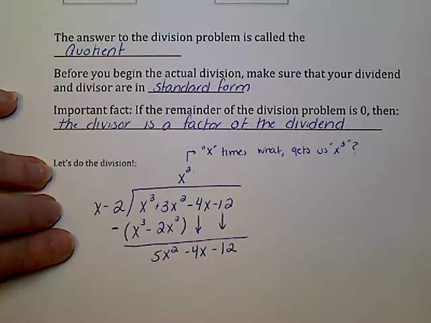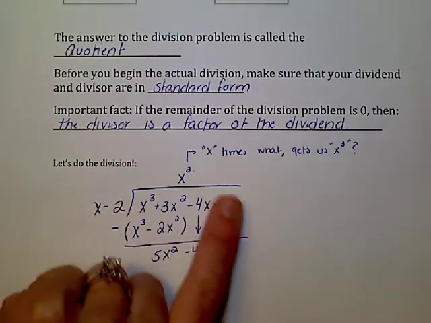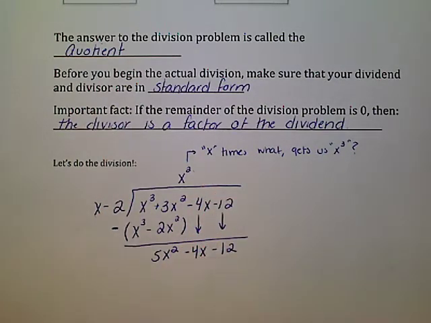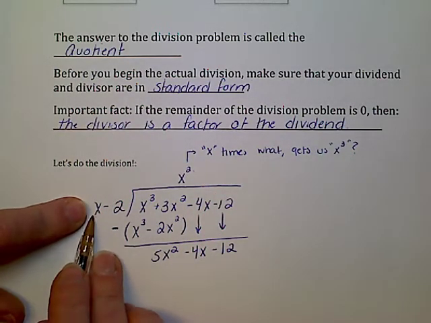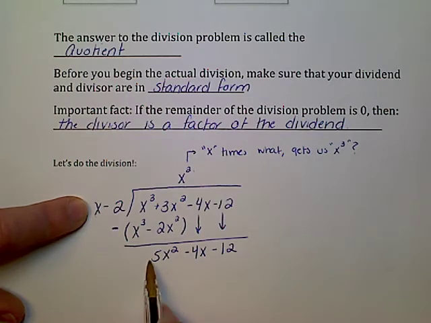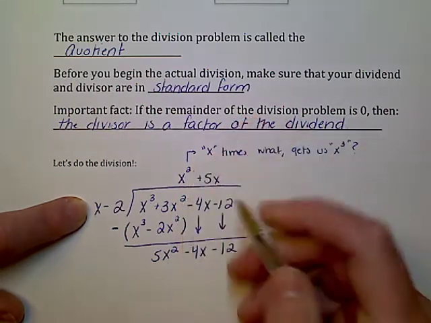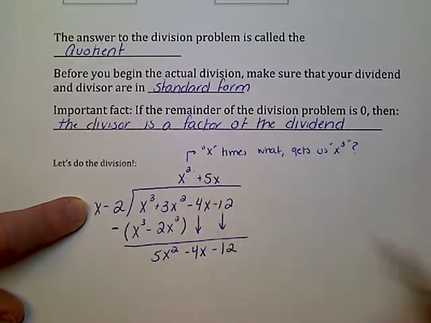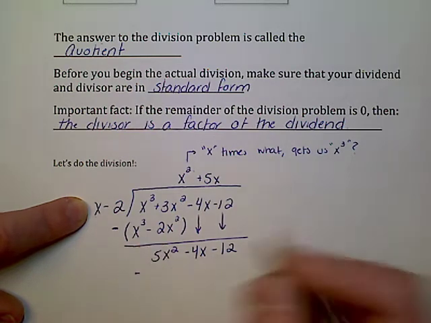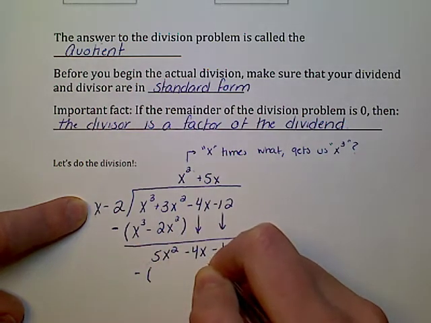And then I bring down the other terms, and I repeat the process. I ignore the minus 2 and all this other stuff here, and I ask myself, x times what gets me 5x squared? And that answer would be 5x. I like to write that above the x term of the dividend. Then I get ready to do some subtraction. I make my parentheses go out to the negative 4x.